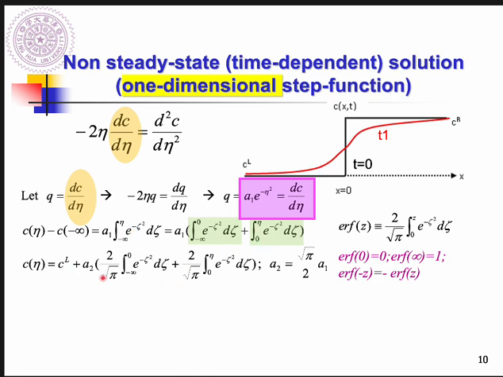And here I play a trick, because negative infinity to 0 is like this term. I want to use the error function, so this one is similar to this one. So I use 2 divided by square root of pi, over negative infinity to 0.